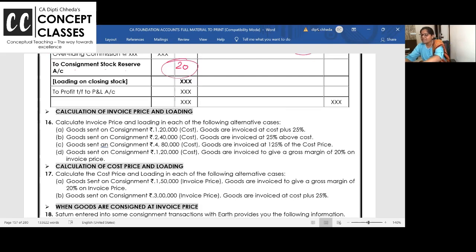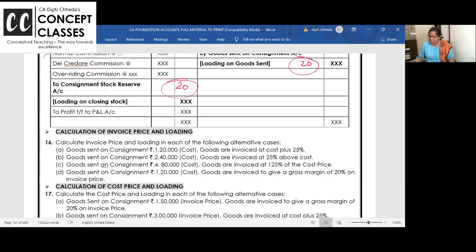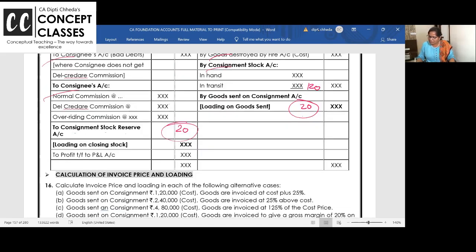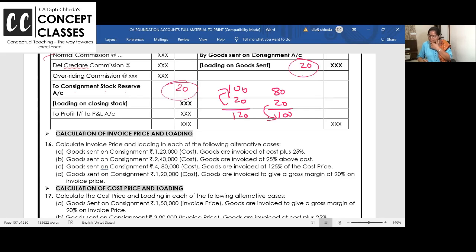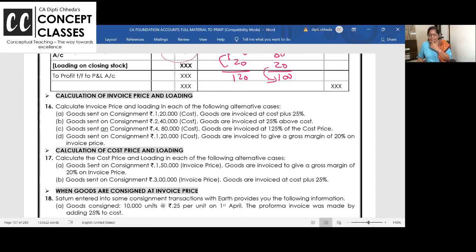But before we start, don't you think it's very, very important that we make the equation correctly? If profit is 20% on cost, let cost be 100. If it is 20% on selling price, let selling price be 100. Okay? So 16th problem we are doing right now. For practice, this is a concept grouping problem to calculate the invoice price and loading properly.